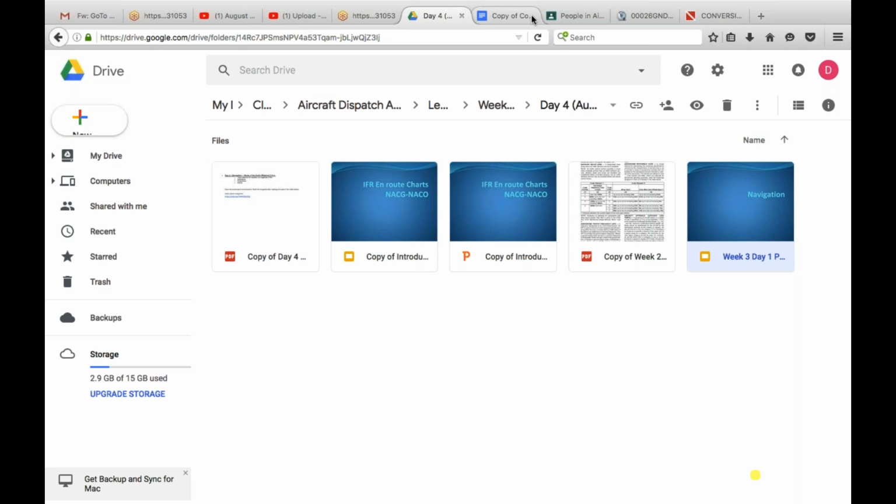So that's the way we interpret him signing the dispatch release. We call that the point of dispatch, when the captain puts in his numbers.